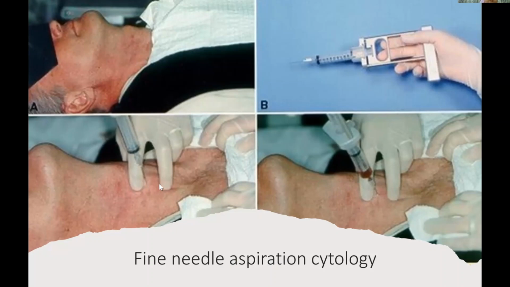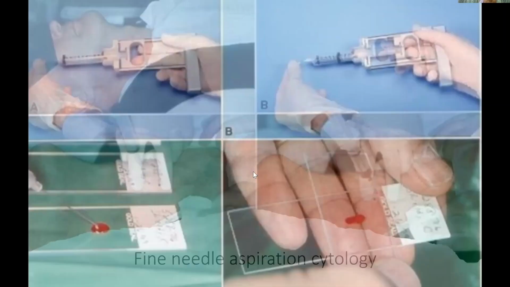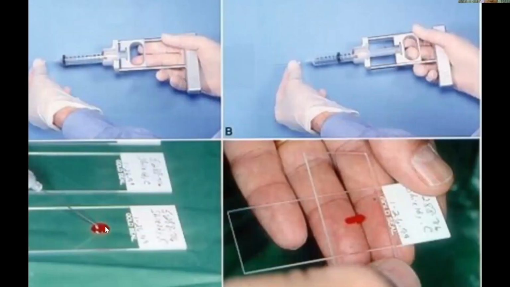After that, we fix the lump between two fingers, and in the middle of the two fingers, we aspirate the lesion. Then we put it on the slide and smear.